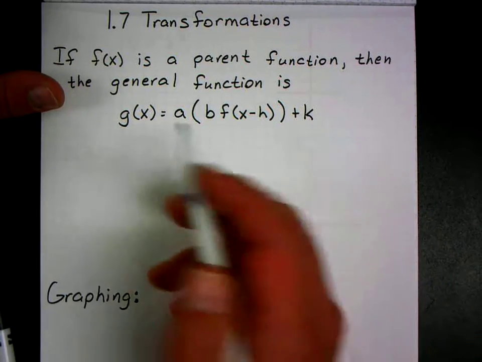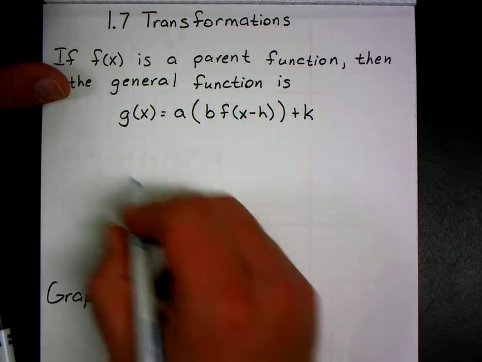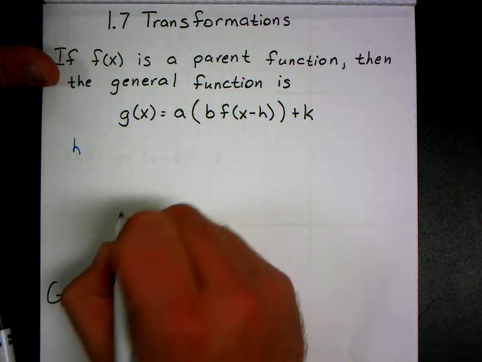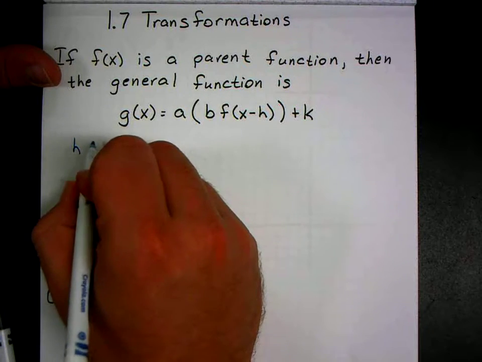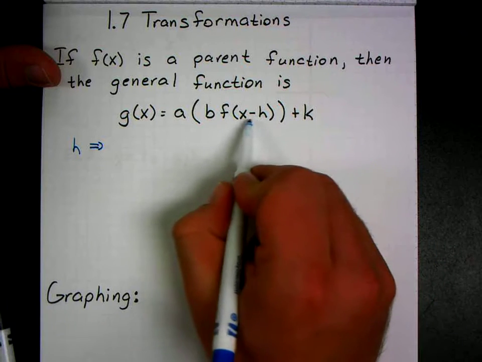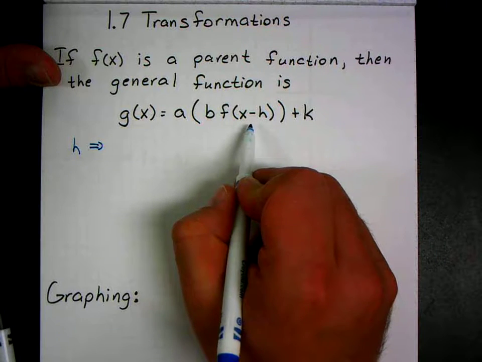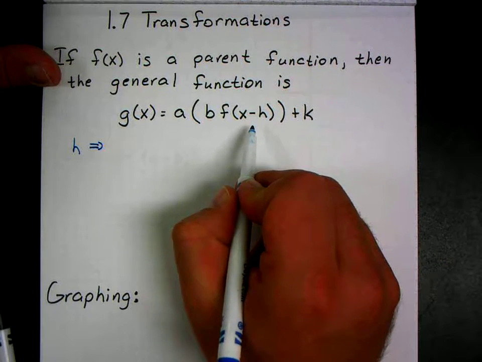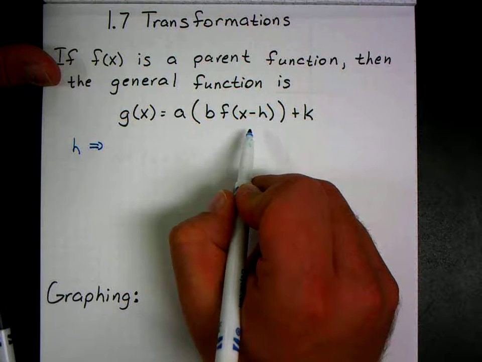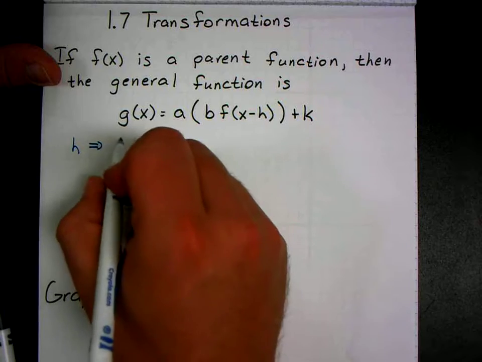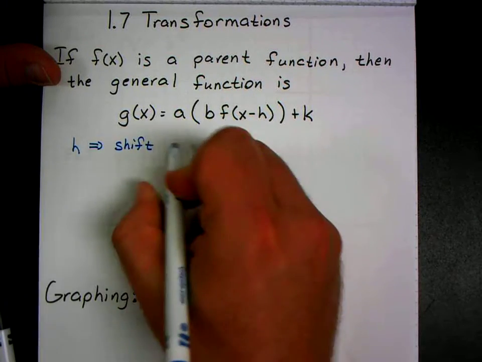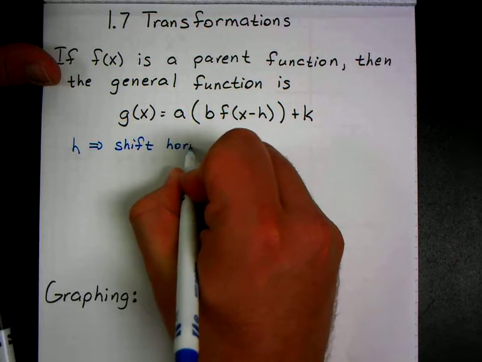So to start off, let's start with the easy ones. What does H do? If I add or subtract a number to the x value inside of an equation, it shifts it horizontally.